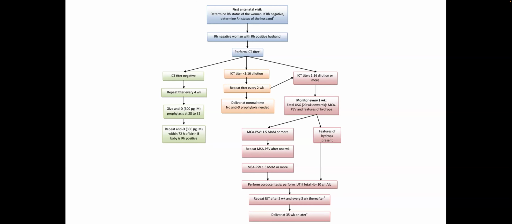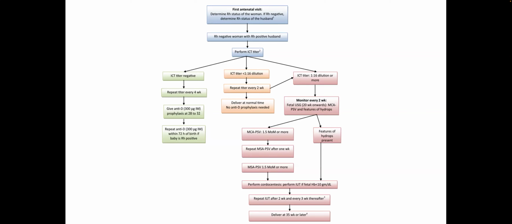But if the anti-D titers during this monitoring go beyond 1:16 dilution or are more, then you monitor every 2 weeks. And how do you monitor every 2 weeks? You do a fetal USG from 20 weeks onwards and MCA PCV and look for features of hydrops. Now, if you find the features of hydrops, then you perform cordocentesis and immediately go for IUT, as I said.